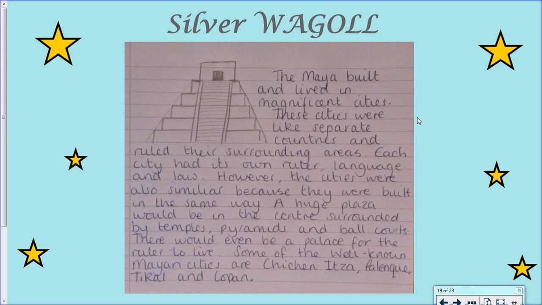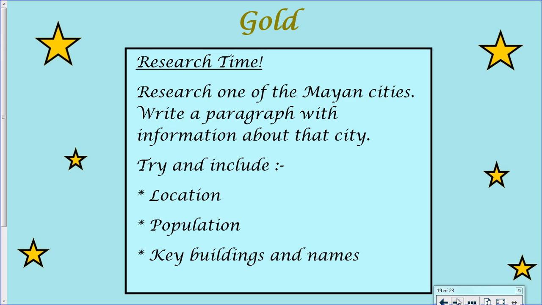If you then wish to move on to gold and research a bit more into one of those cities, you just need to use Google. If you write in, for example, Chichen Itza or Palenque or Tikal, okay, it will come up with loads of information about those places, because those places are now ruins and places that people go to visit.